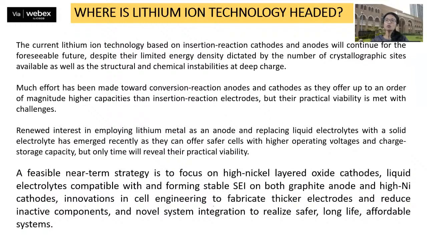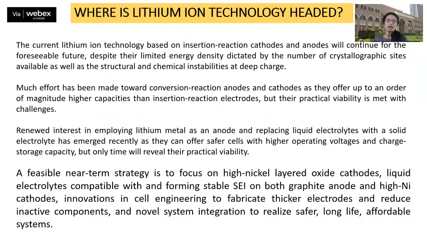This is still, as of now, the best combination we have. But conversion reaction anodes as well as alloy-forming anodes can be used to improve the capacity. You can again have lithium metal as anode and replace the liquid electrolytes with solid electrolyte that can offer safer cells with a higher operating voltage and charge storage capacity. But the practical viability is yet to be ascertained.